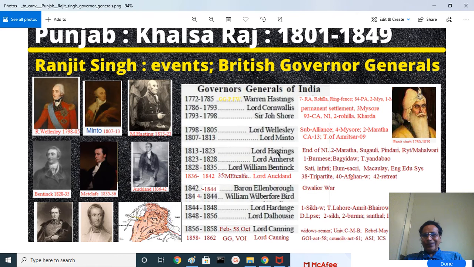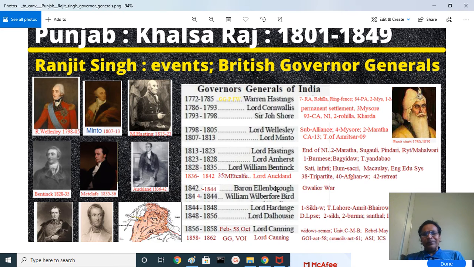Then Lord Hastings and Amherst, and William Bentinck. Maharaja Ranjit Singh personally met the Governor-General of the British East India Company, Lord William Bentinck, at Ropnagar, also called Ropar, today on the southern side of the River Sutlej, not far from Chandigarh or Ambala.